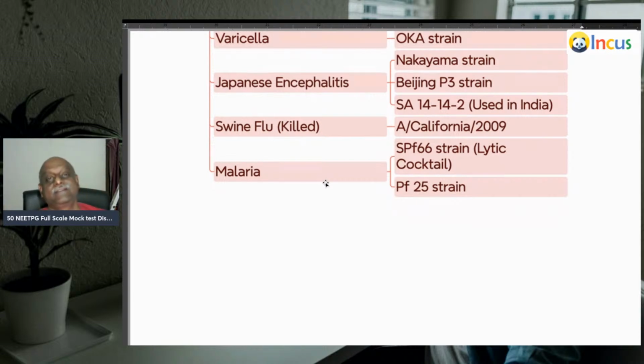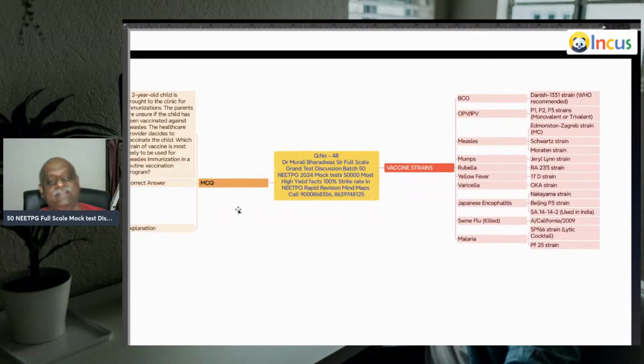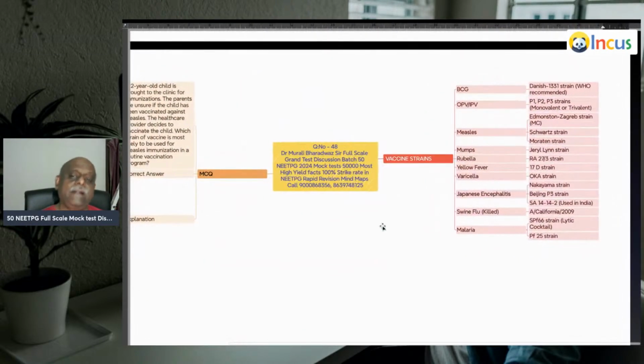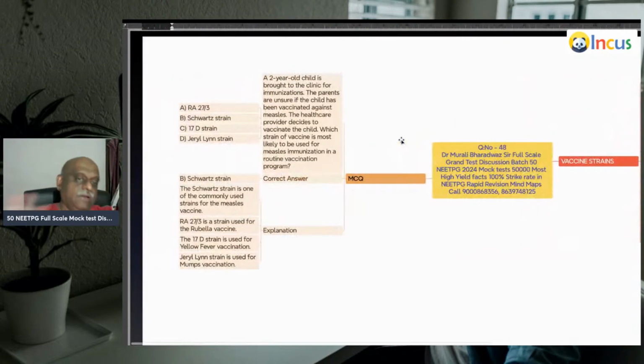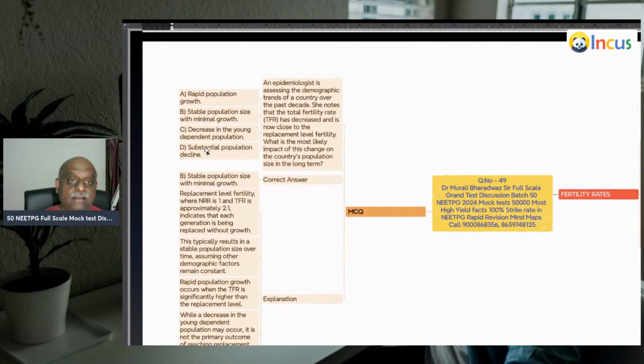All these things, stupid things. But for the entrance, yes, sir, you need to mug them up. There is no other way. I leave this to you in a single mind map, for last moment of revision, okay doctor?